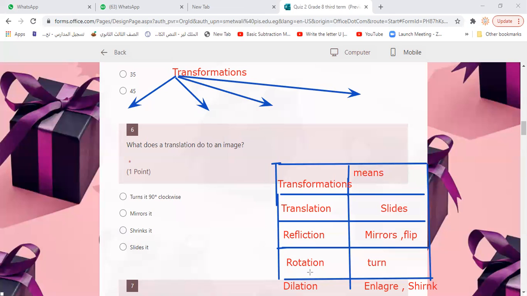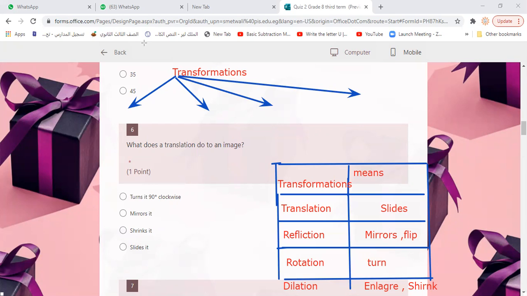And let me also remind you, for each transformation, what the meaning is. For translation, the word is slide. Reflection is mirror or flip. Rotation is turn with different angles, for sure. Dilation depends on the scale factor, but dilation will enlarge the figure or shrink the figure.